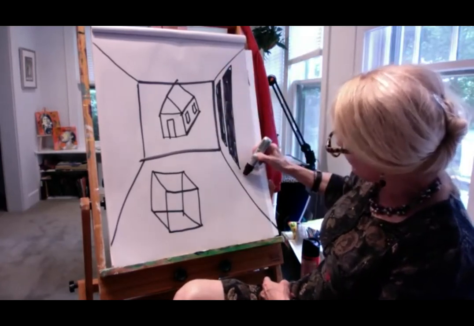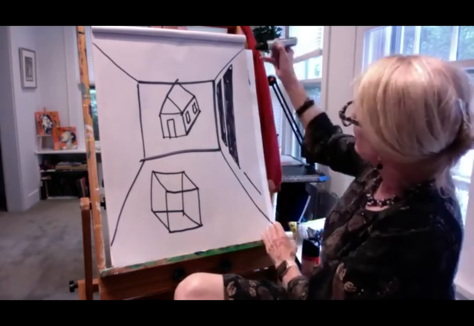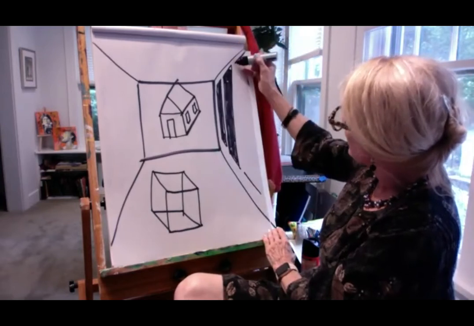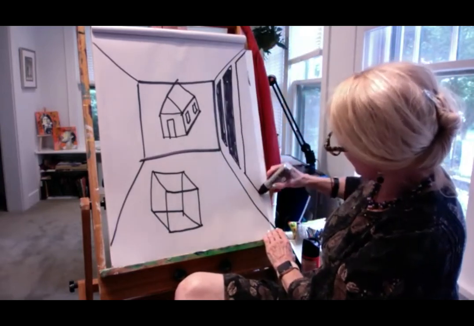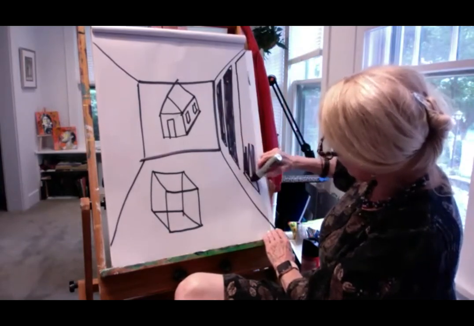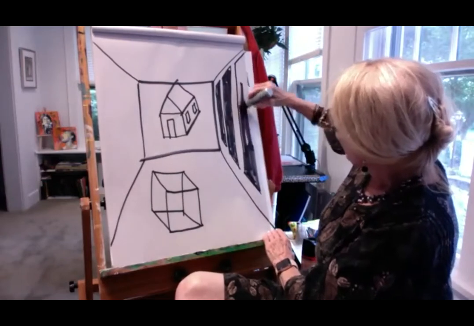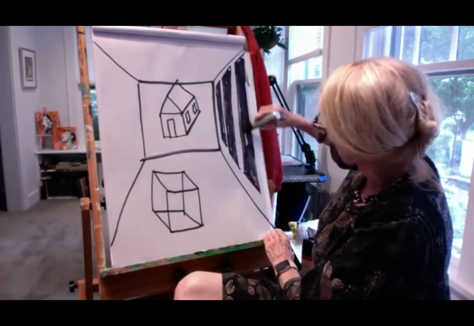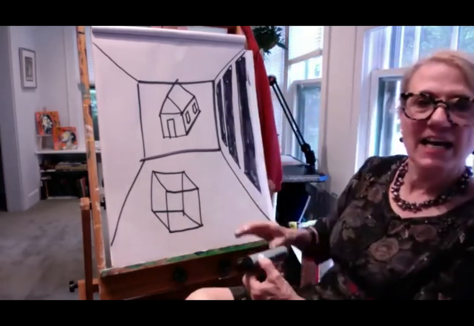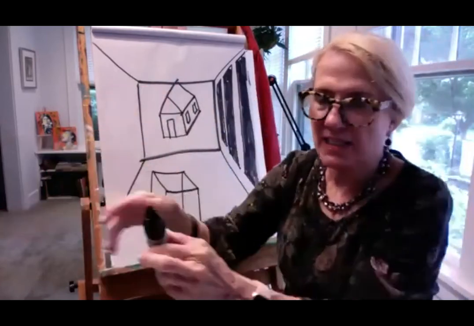So the windows, again, we're going to keep that same line there and same line up there. And the windows, as they get closer to me, are becoming wider. And even though we know in real life the windows are all the same size, we get an idea that they're receding into space.